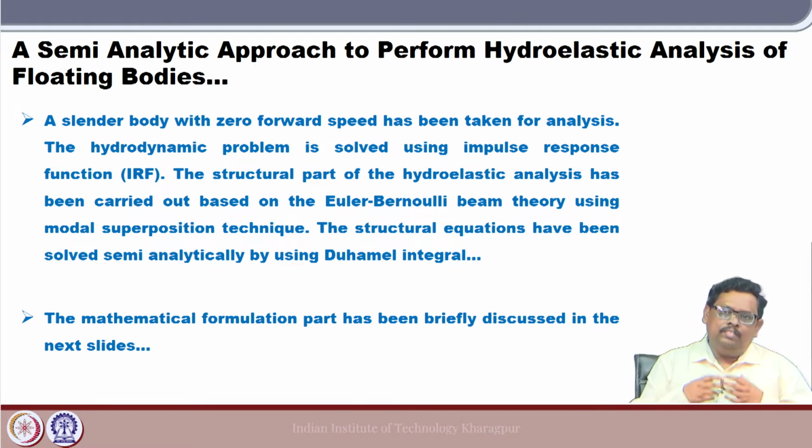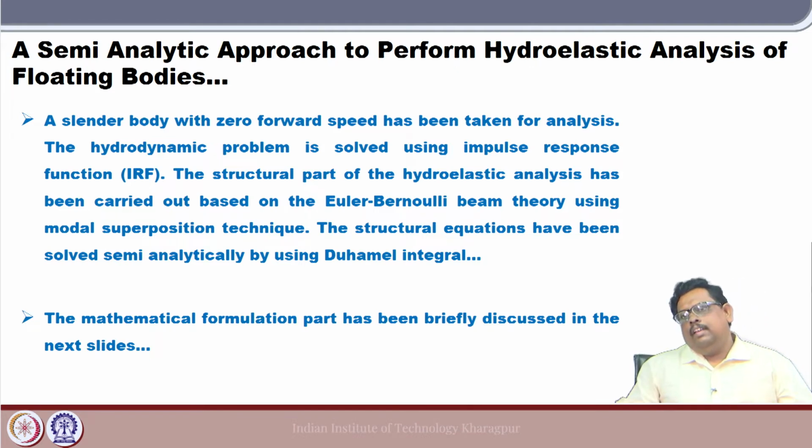The simplification is that the rectangular barge has a uniform beam, so assuming this rectangular barge as a beam will be much easier compared to the other ship shaped body. Here the idea is we are going to find out the pressure using an impulse response based method.